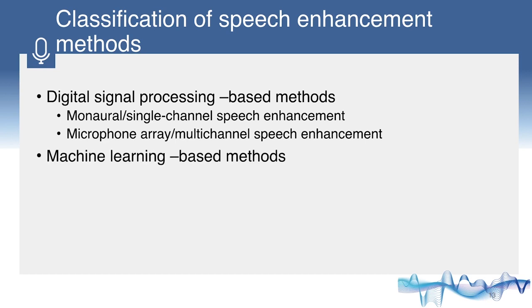Among them, speech enhancement with digital signal processing is the mainstream method with a long history and has deep technical foundation, which is the main idea of speech noise reduction in the engineering community. In the traditional digital signal processing method, according to the number of channels, it can be further divided into monaural single-channel speech enhancement method and microphone array multi-channel speech enhancement method.